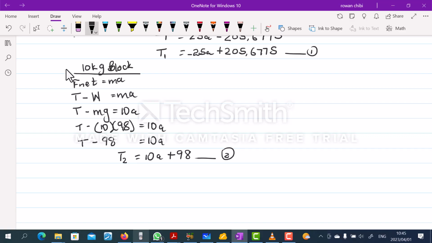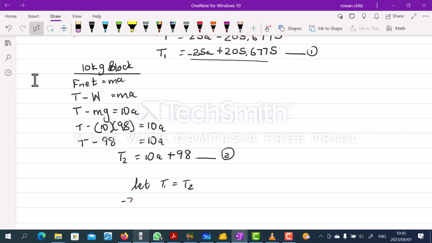So now the third step is to say let T1 be equal to T2, because there are two unknowns here and there are two unknowns there. So whenever you have two unknowns, we use simultaneous equations. What is T1? Here is T1.